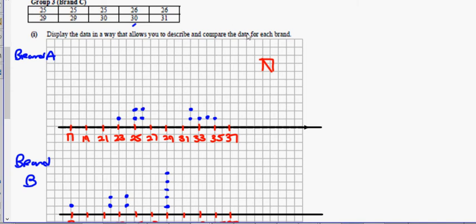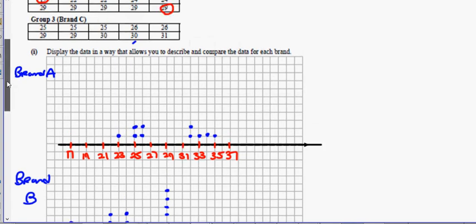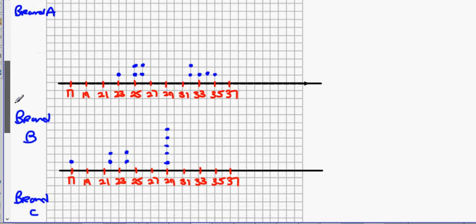So for example, in brand A, how many 23s did I have? 1. How many 25s did I have? 2. How many 26s? 32s? 2. 33s? 34? 35? 1. Do you get what I'm doing here?